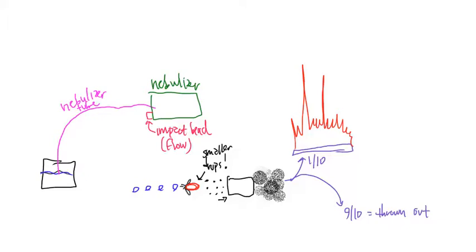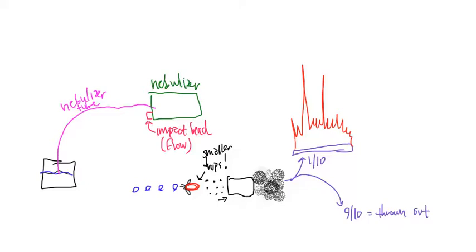So in a way, we are being wasteful. But in a way, that's telling you that the machine doesn't need a lot of sample in order to do its job the proper way. It only needs 1/10 of that very fine mist to provide you a signal to tell you how much metal is present in your sample. 9/10 of the mist doesn't even make it to the burner, and it leaves the burner head and goes out of the machine.